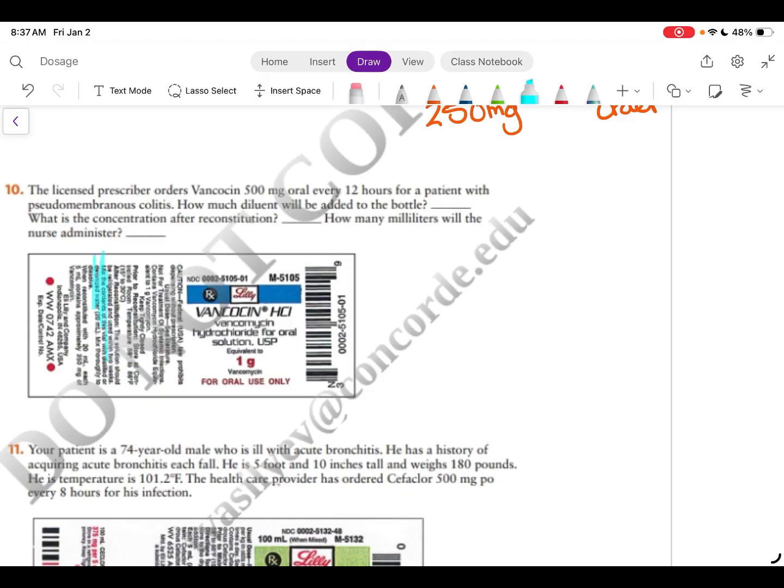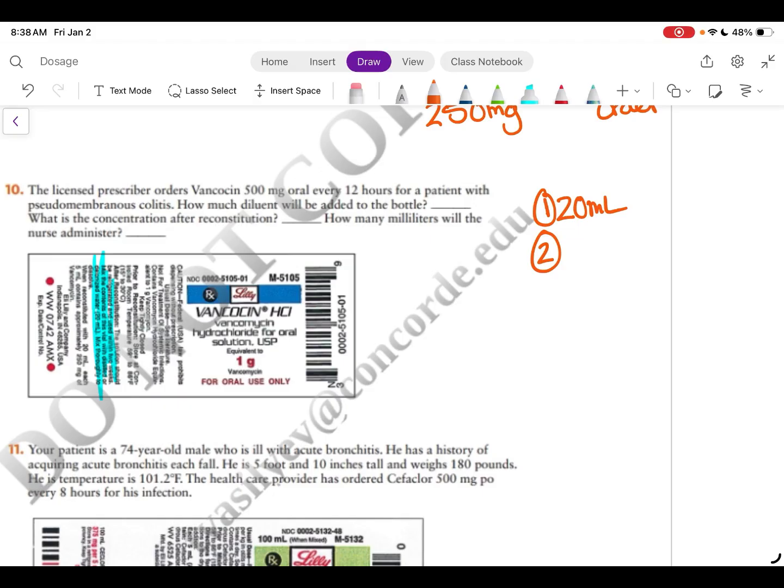Right here. How much diluent? 20 milliliters of deionized water.